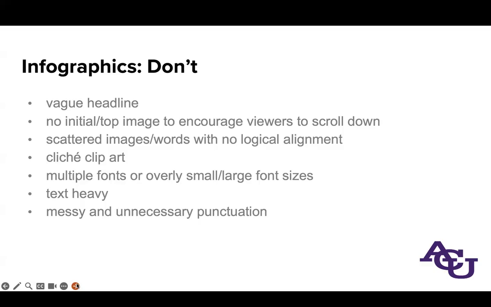We talked about alignment a bit ago. If images and words are at different positions, different spaces, and they're not all at the left or all at the right, or maybe occasionally even centered, then your viewers won't know why they're there or how they relate to the content around them.